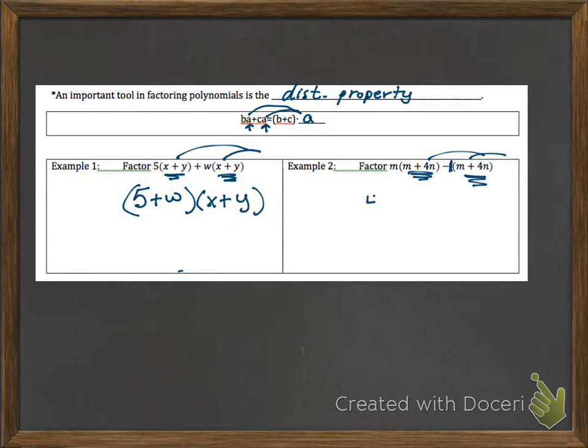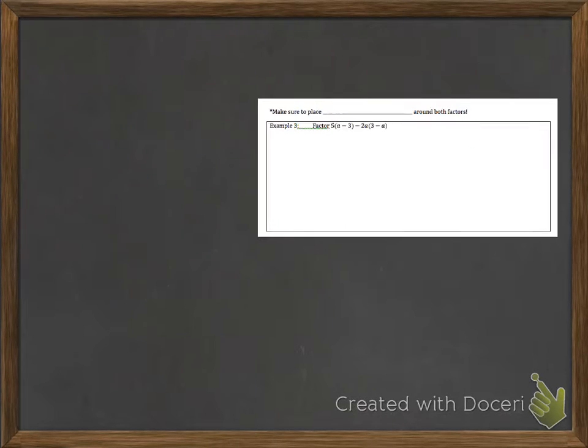So this is m minus 1, that quantity, and we're pulling out the common factor of m plus 4n. You do want to make sure not to miss that you need to put parentheses around both factors.